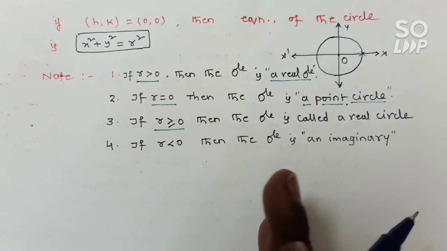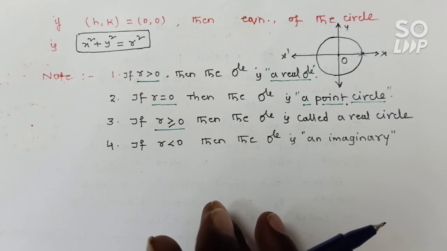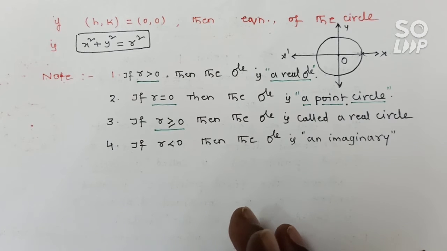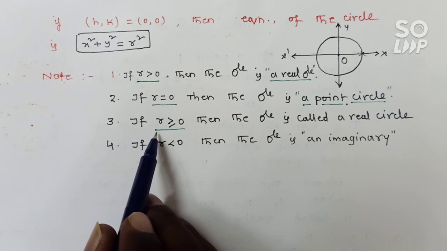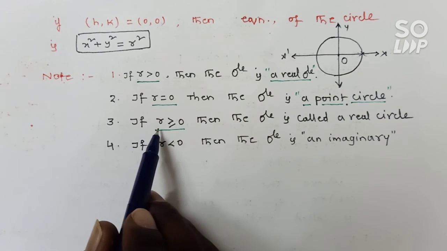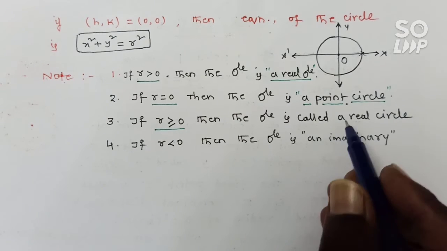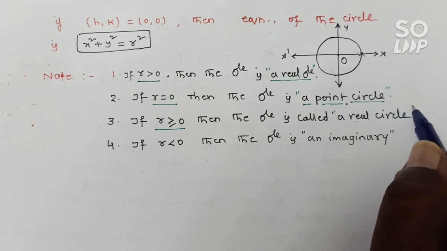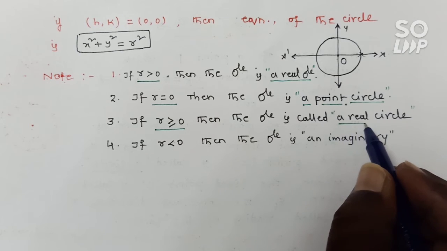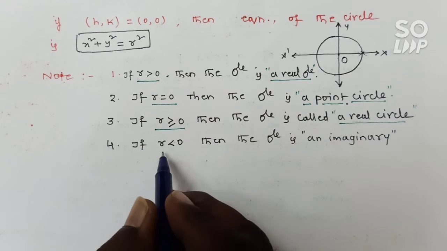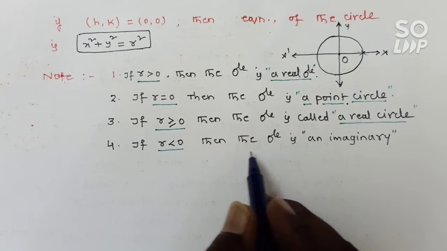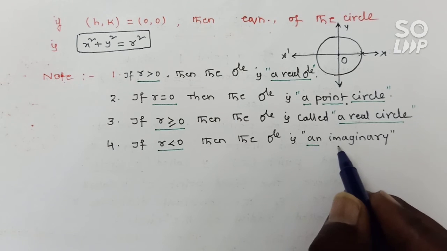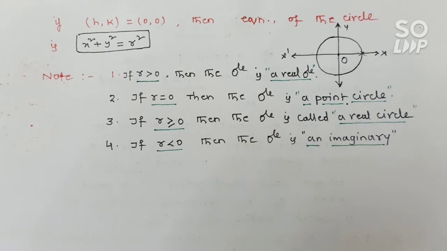So in any case, if the given circle is real, you have to consider the condition r greater than or equal to 0 is called a real circle. If r is less than 0, then the circle is an imaginary circle. So this is a very important point regarding the circle.